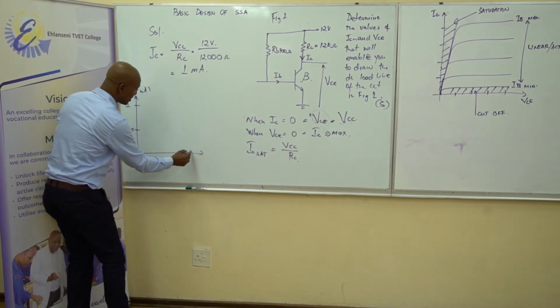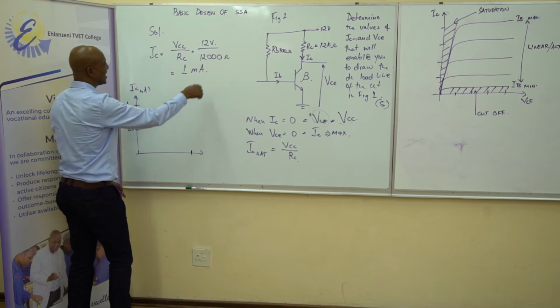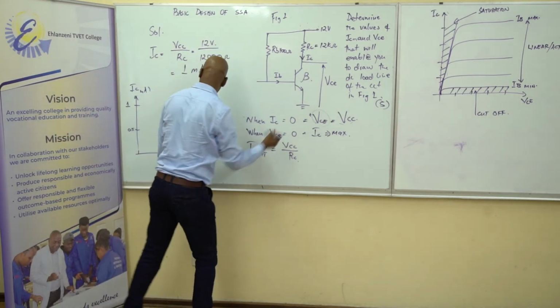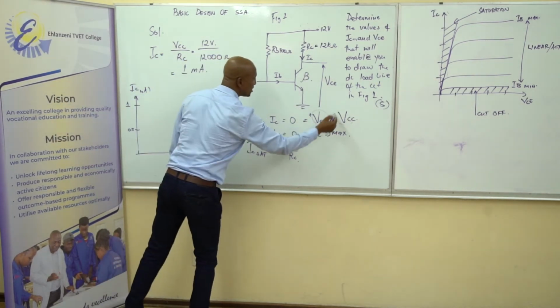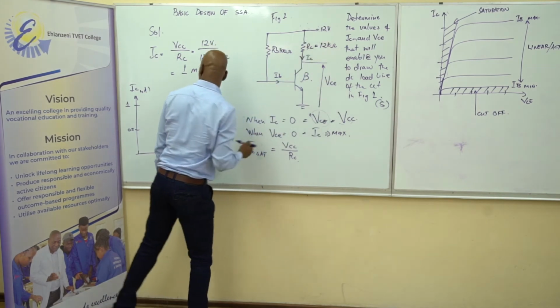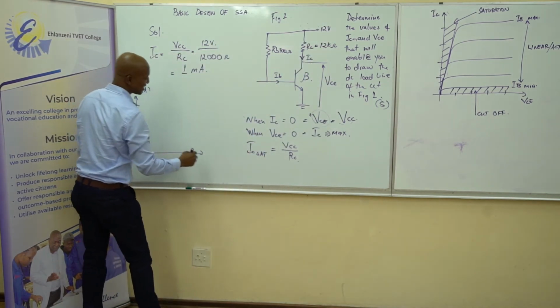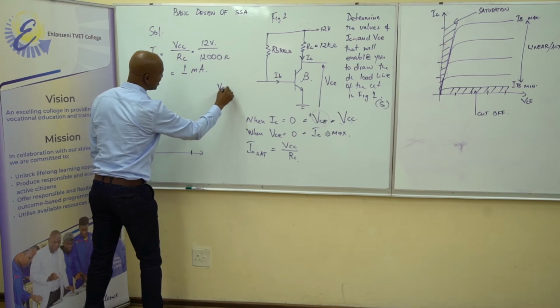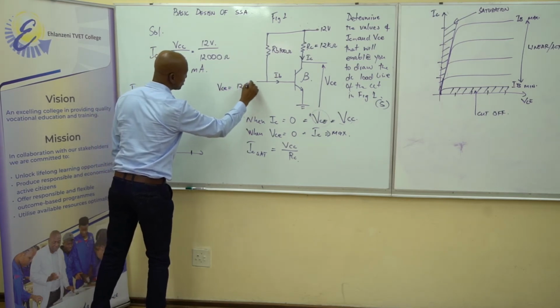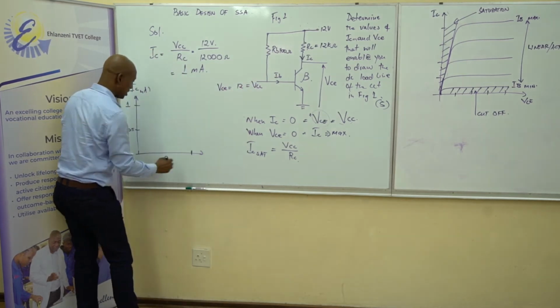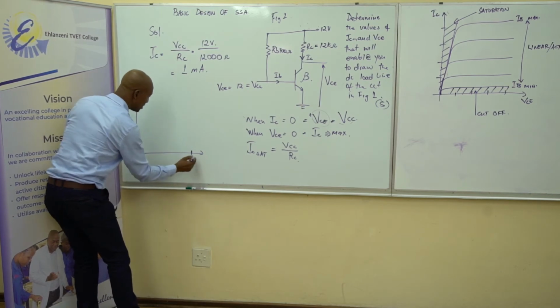So the maximum voltage that can be achieved across VCE is equal to VCC, where VCC is what? 12 volts. So it simply tells us that our VCE shall be equal to 12 volts, which is equal to VCC in this case. So here I may safely write 12 volts.